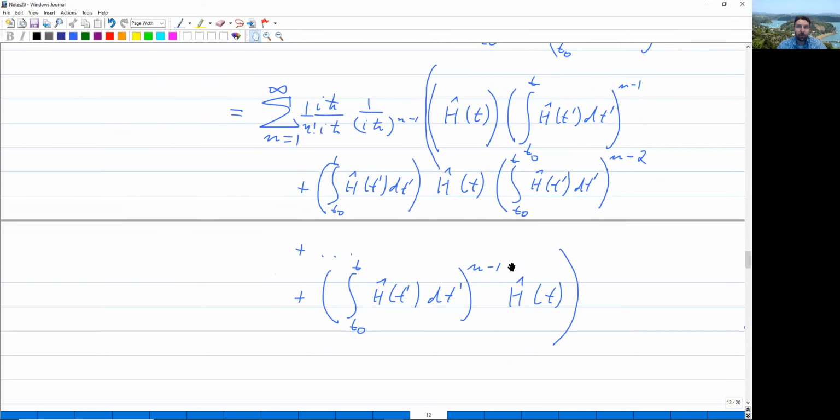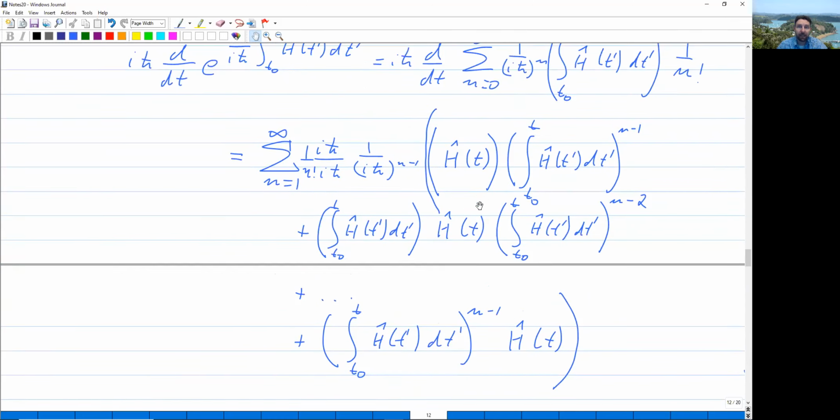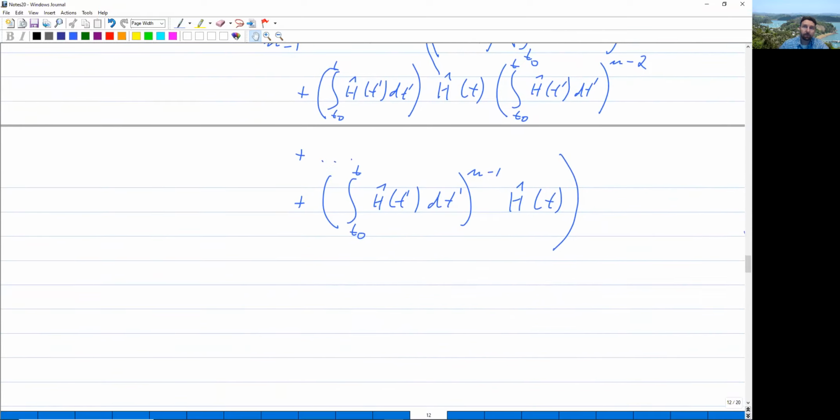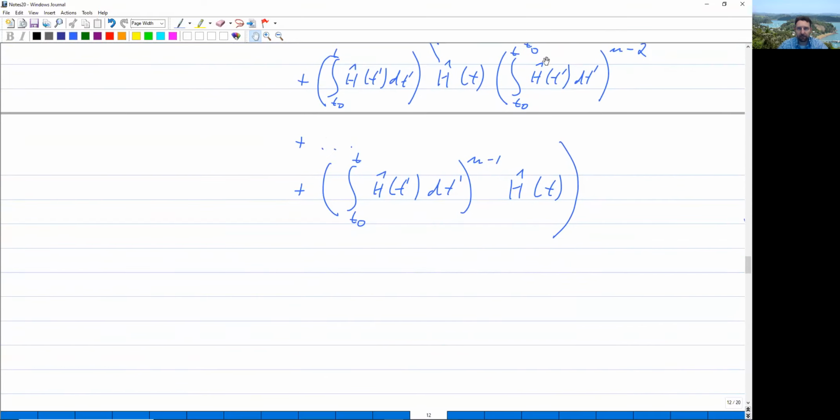But we don't get this because we have the h hat here in the middle, and generically we have to assume it doesn't commute with this integral. So that's the problem with the time evolution of a quantum mechanical system.